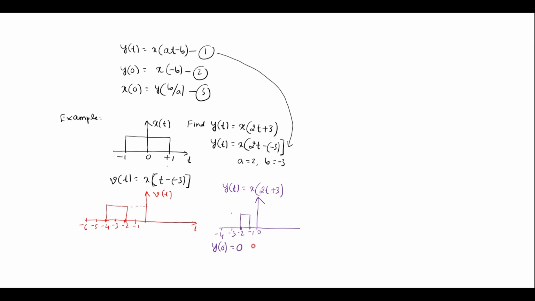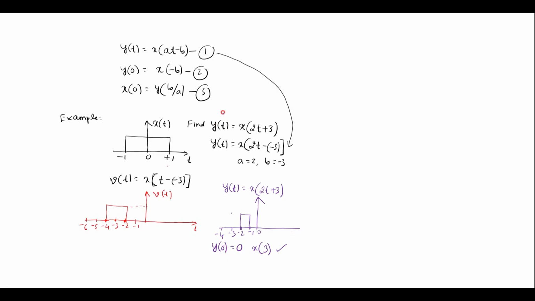It must be equal to x of minus b, and the b value is -3, so that is x of 3. In the x of t signal, the value at t equal to 3 is 0. Therefore, equation 2 is satisfied.